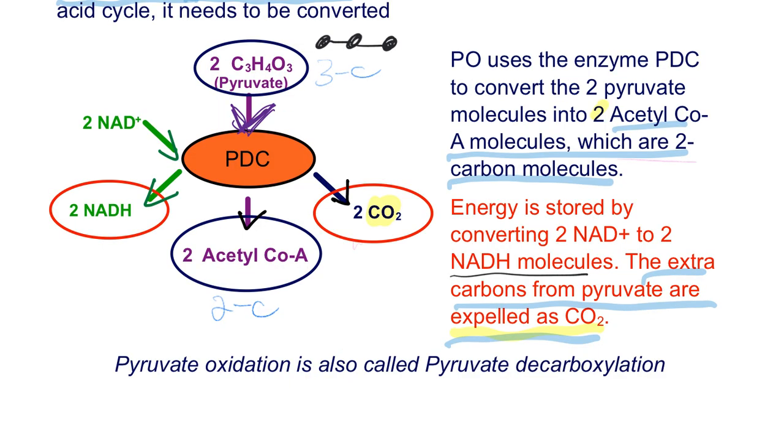So what happens is this enzyme, which I don't really need you to know, causes one of the carbons to break off of this, leaving a 2-carbon acetyl-CoA, another molecule, because that's what feeds into the Krebs cycle, a little 2-carbon sugar.